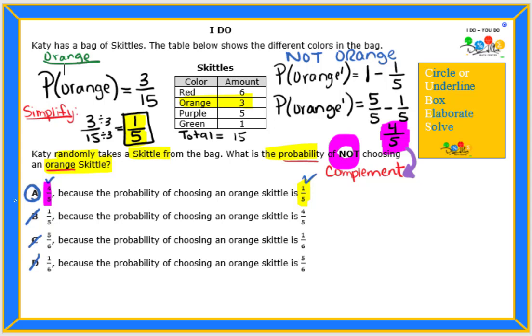4/5 was the fraction that I got, or the probability of not getting an orange Skittle, and 1/5 is the probability of getting an orange Skittle. Notice that I can go back, and 4/5, the probability of not getting an orange Skittle, plus 1/5, which is the probability of getting an orange Skittle, will total 5 out of 5, which is equal to 1 whole, and that would represent the whole bag of Skittles.